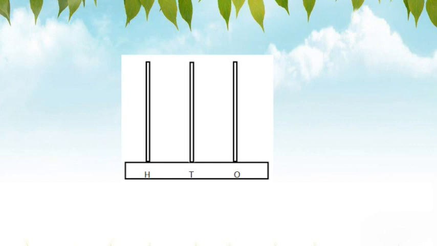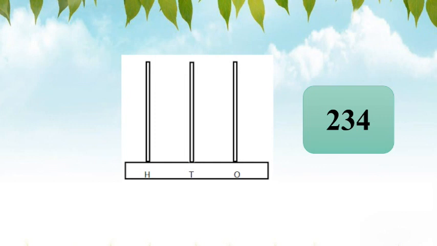Now let's look at another example. Now let's do this number and we have to draw beads in these spikes. From where do we have to start? Yes, we have to start from ones.